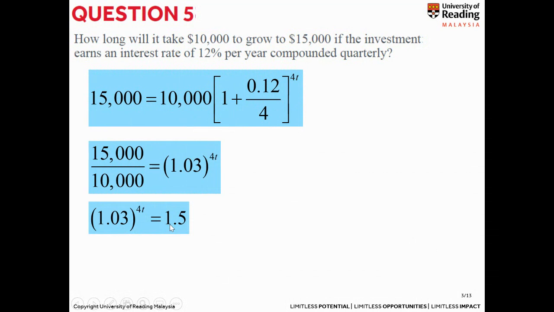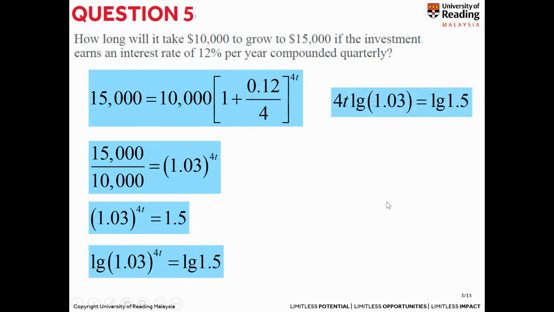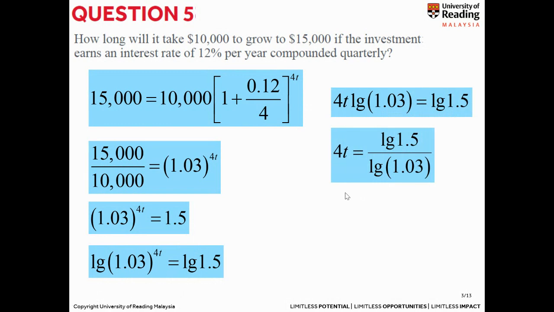You need to apply logarithm on both sides of the equation in order to solve for t. So put in log. Now use the third logarithmic rule, bring the power 40 and put it in front of the log. Now bring the log 1.03 over to the right hand side to divide. So 40t is equal to log 1.5 divided by log 1.03.